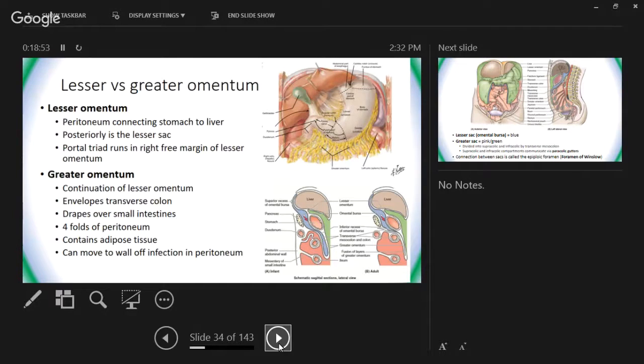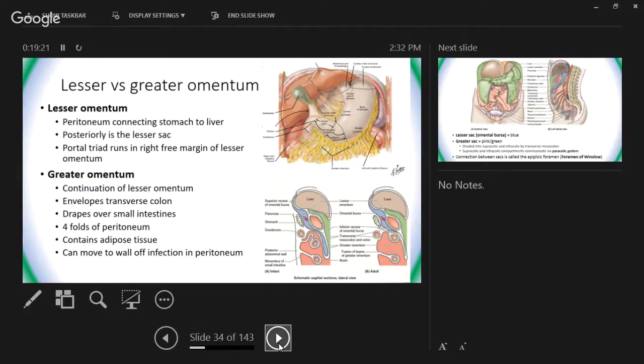Posterior to the lesser omentum, you've got the lesser sac. Another important thing: in the free margin of the lesser omentum, you have the portal triad. The greater omentum is basically a linear continuation of the lesser omentum, which drapes over the intestines.